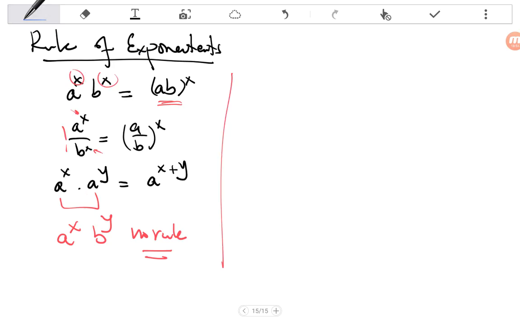We also learned, for example, that a power negative x is just 1 over a power x. And we may express a power x over a power y, instead of adding up the exponents, as a power x minus y.